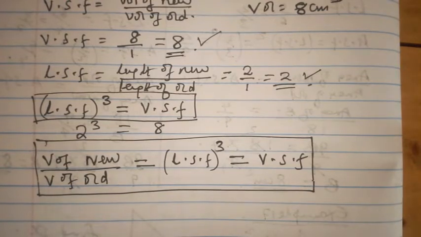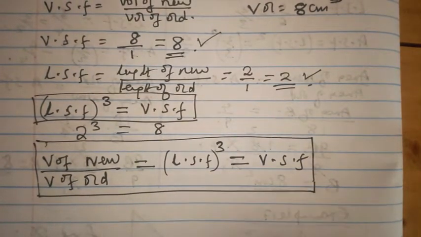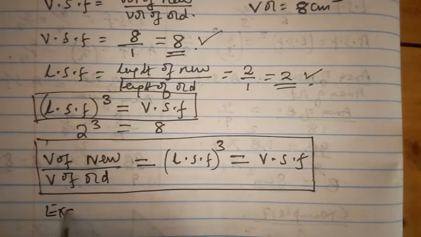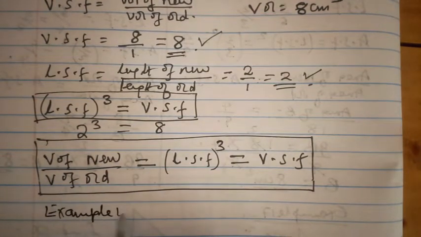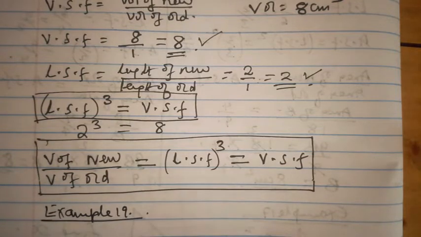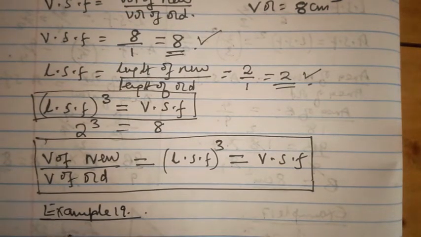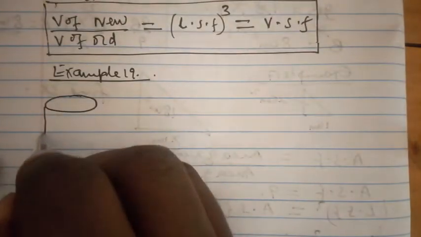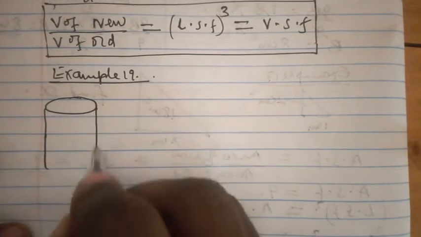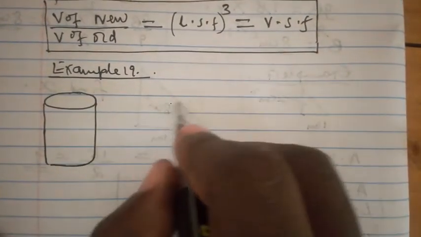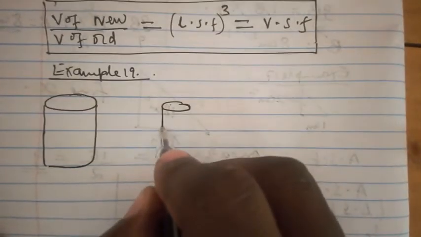And I would want us to just go straight to an example. Let's talk about example 19, on page 159. The two cylinders, and I want to put them here. That is cylinder 1, and there is cylinder 2 here, a relatively smaller one.